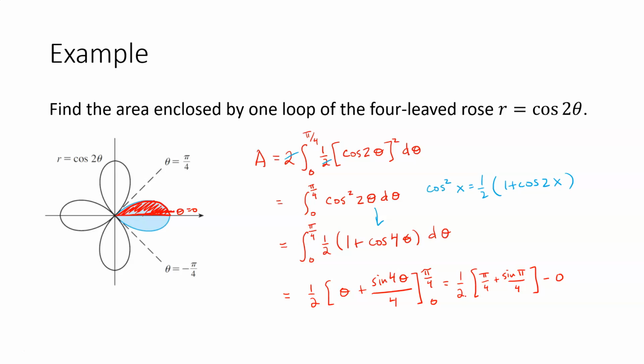And of course sine of pi is also 0, so we're just left with 1/2 times pi over 4, which is pi over 8. Okay, so that gives us now the whole leaf. So we did 2 times half of the leaf to get the whole leaf, right? So the area of the whole leaf is pi over 8. And if I want the area of the whole curve, all four leaves, we would just multiply that by 4. So our whole area enclosed by all 4 leaves would be pi over 2.